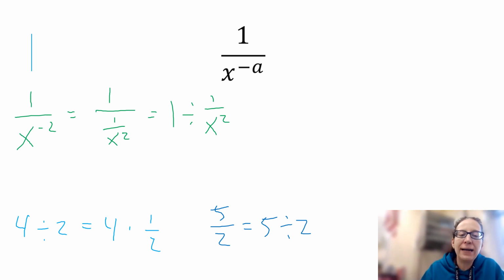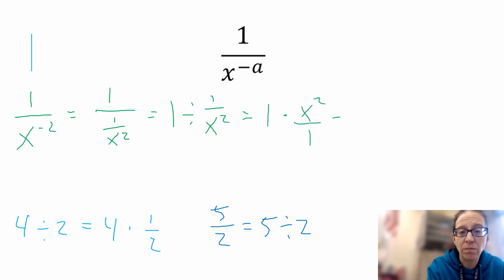Now, what that does is first of all, it gets rid of the bigger of the two fractions so that I'm not dealing with a fraction inside a fraction. I just changed the symbol over. But it also allows me to take a reciprocal here. So 1 divided by 1 over x squared, remember that anytime you're dividing something, you can rewrite that as multiplication. And so this would be 1 times, and then I'll do the reciprocal.